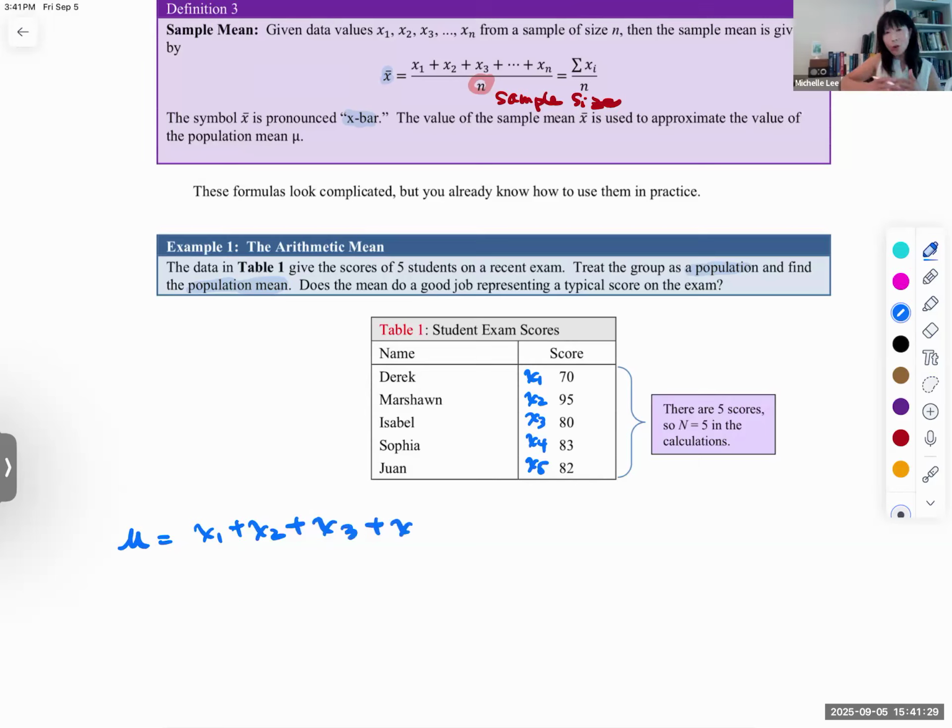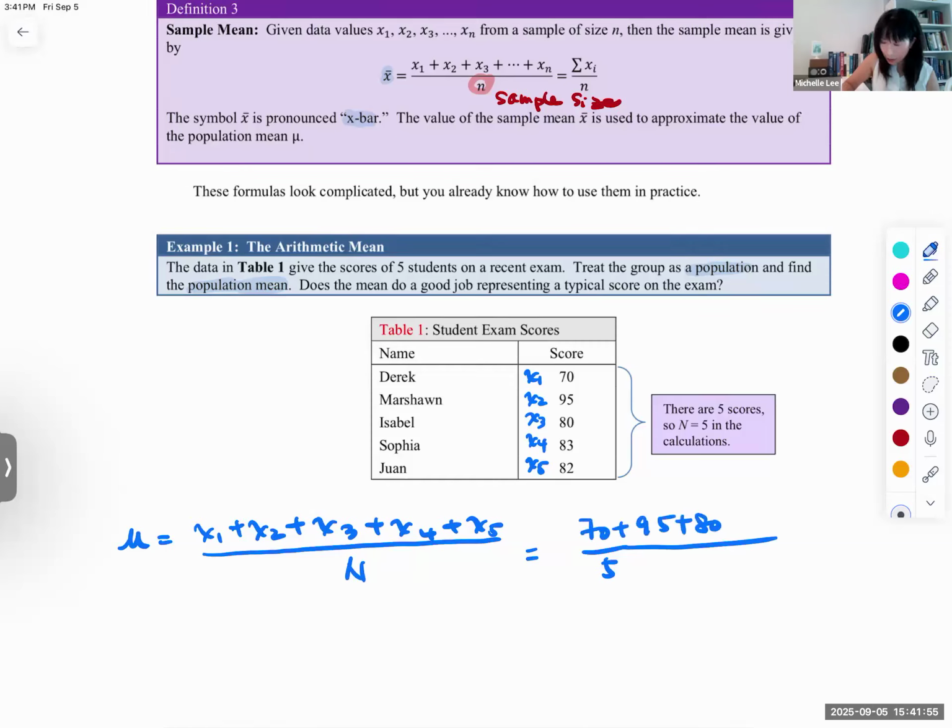That's how we express. In that case, only 5 items, but they say that we treat them as a population, right? So divided by n, the population size, which in that case is 5. And then we have 70 plus 95 plus 80 plus 83 plus 82.